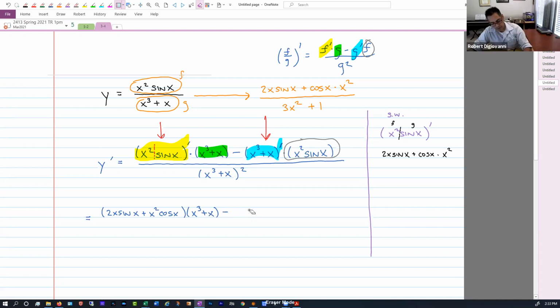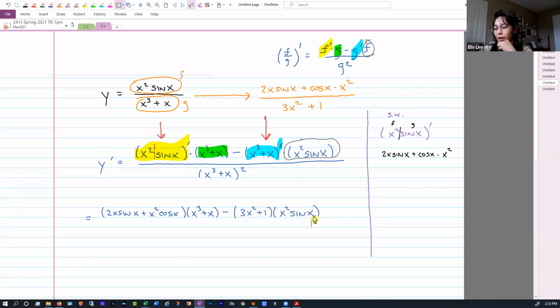Oh, okay, you did it the other way. Yeah, I reversed it. I'm going to leave mine the way I have it, just because this is the way I'm presenting it. But it doesn't matter because it's multiplication, right? So you can switch the order. Then all that divided by x to the third plus x squared. There you go.